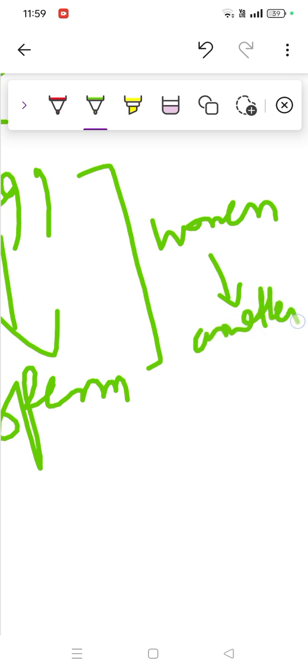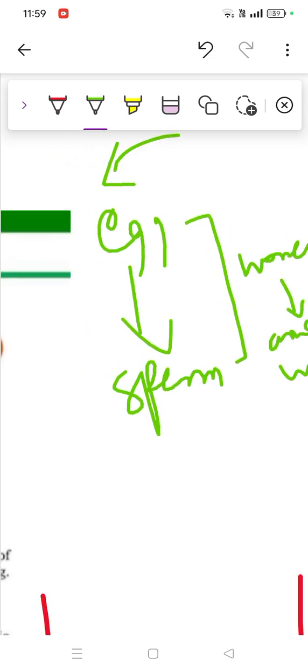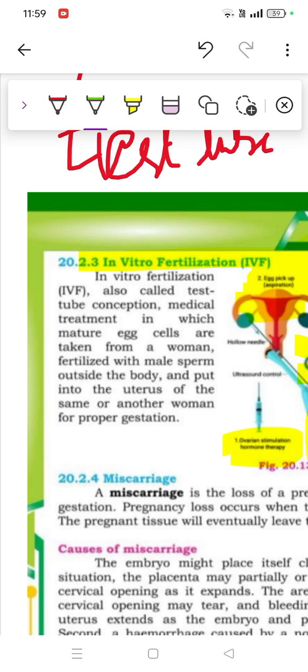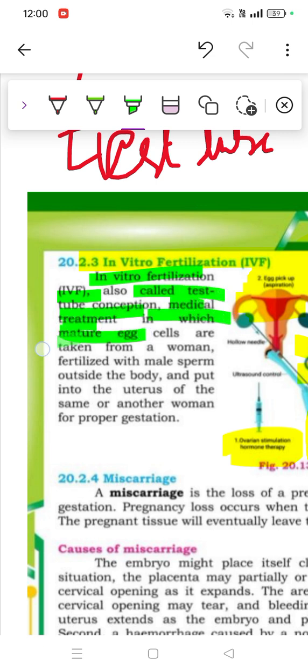That process is used when women don't get pregnant naturally, so they need to do it in a slightly artificial way. Let's see what's written. In vitro fertilization, IVF, also called test tube conception, is a medical treatment in which mature eggs are taken from a woman's ovaries and fertilized with male sperm outside the body.